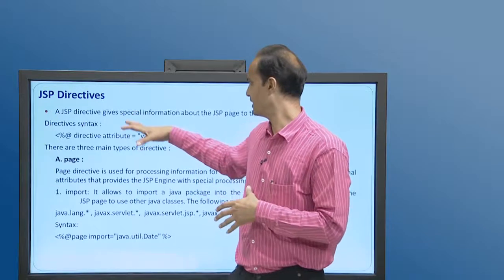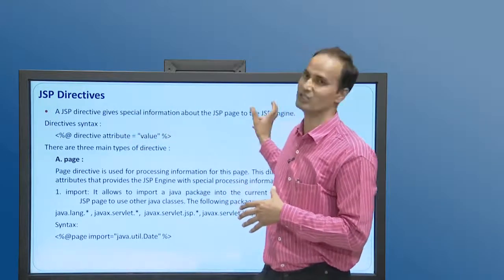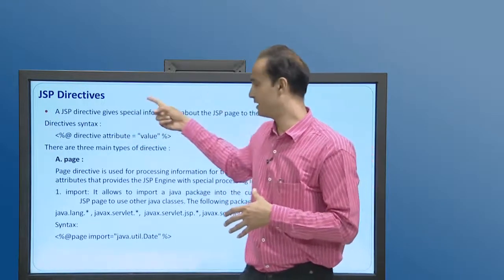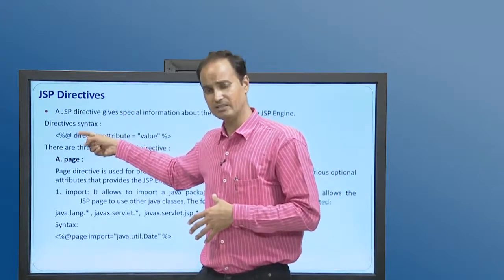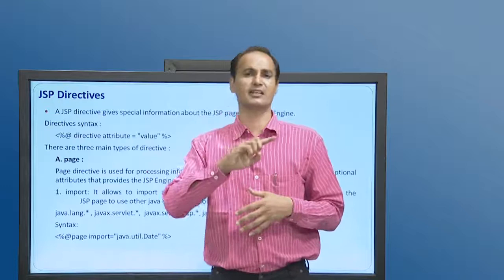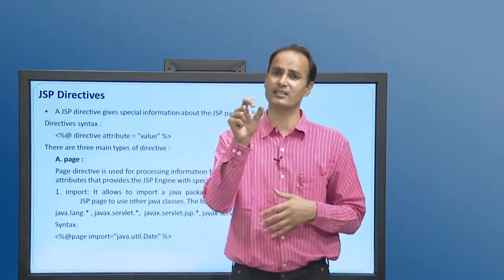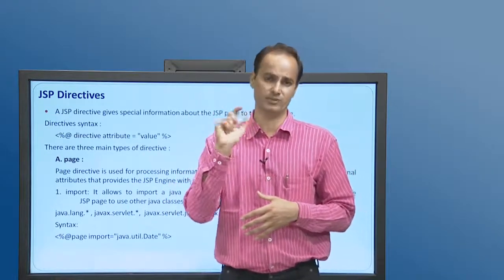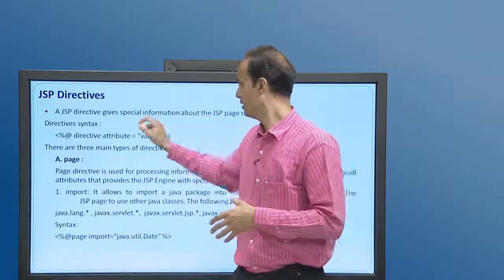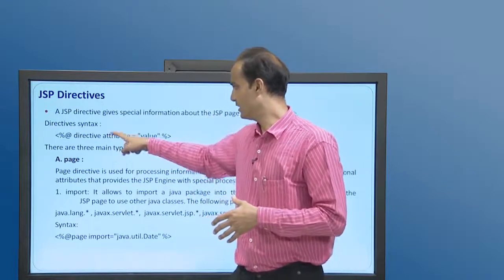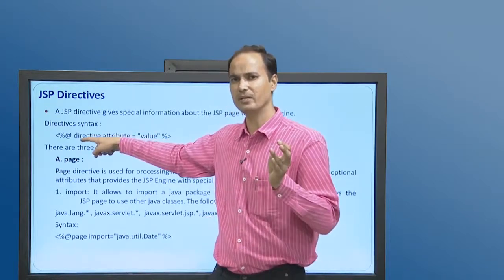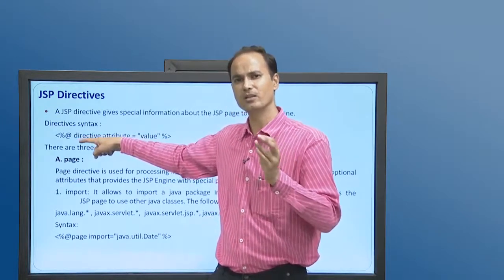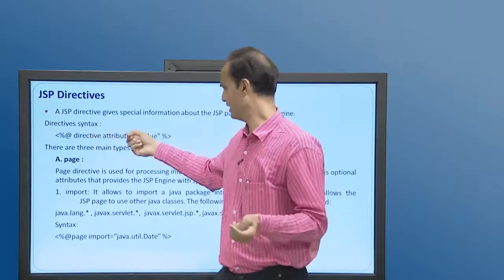So, generally the page directive gives special information about the JSP page, and the signature of the page directive is written like this: less than percentage and @ sign, and the @ sign indicates that you are going to use JSP directives, fine. Then the directive name, which may be a page, a taglib or an include directive.